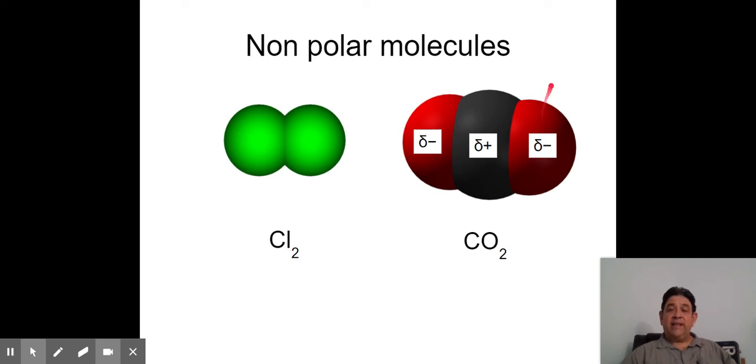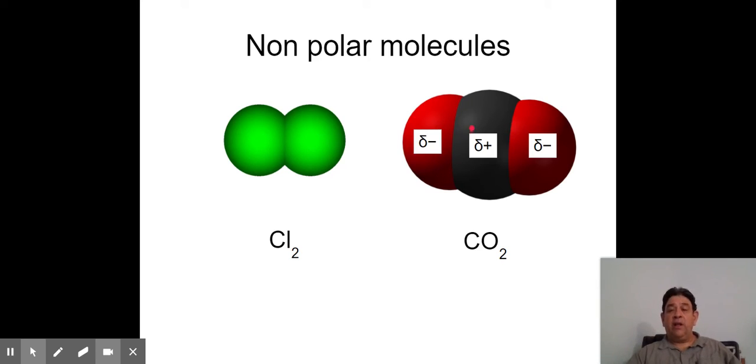The thing is, I can't break this molecule into a half where there are positives on one half of it and negatives on the other. So because of symmetry, carbon dioxide is nonpolar. It's got polar bonds, but it doesn't have a molecular geometry that allows the molecule to have the positives on one side, negatives on the other.